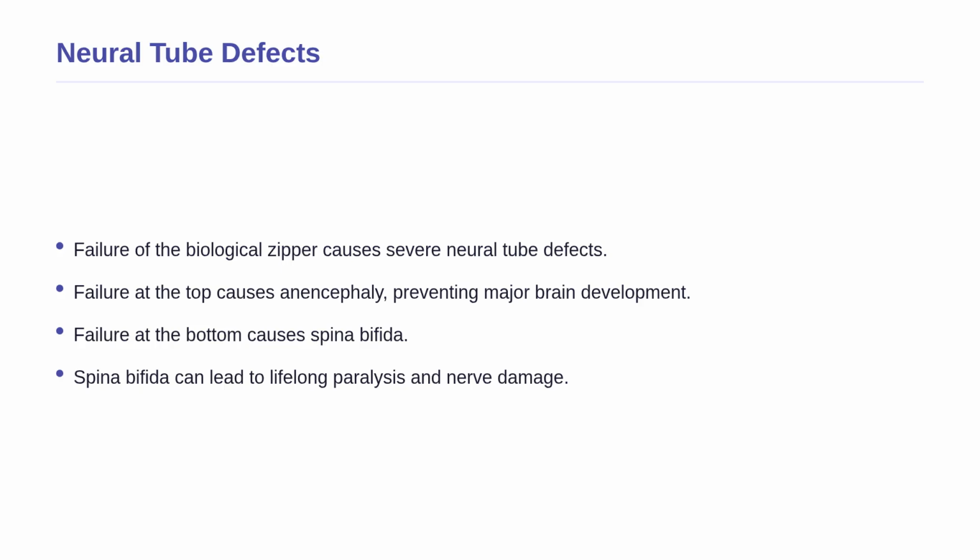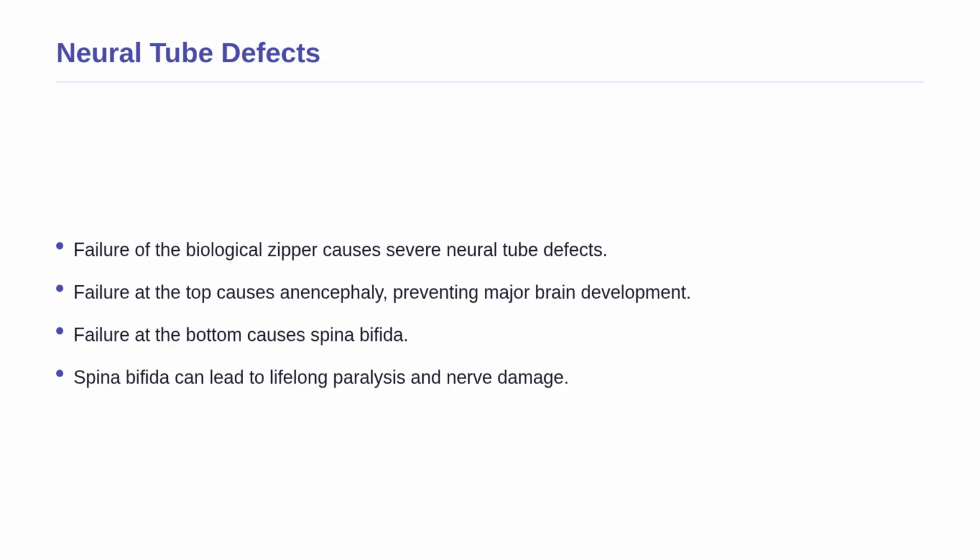Since we now understand how the neural tube is supposed to form, we must ask what happens if something goes wrong. Understanding neurulation is absolutely critical, because if this biological zipper gets stuck and fails to close properly, it results in severe, often life-threatening conditions known as neural tube defects.